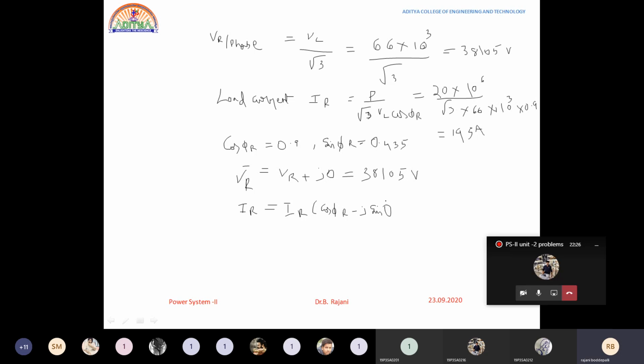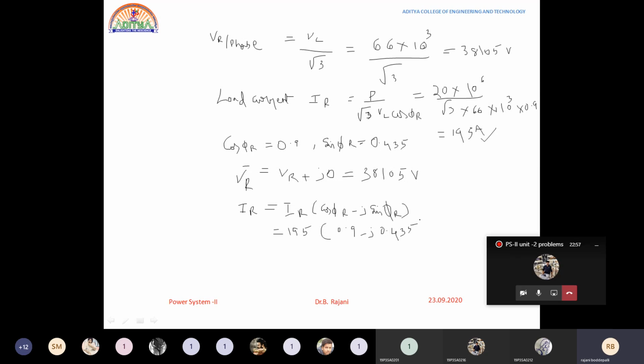Sin phi r, that is equal to, this IR what we have got, IR is nothing but 195. Very good. Into cos phi r, which is 0.9, minus j into 0.435. We are having 0.435, right?